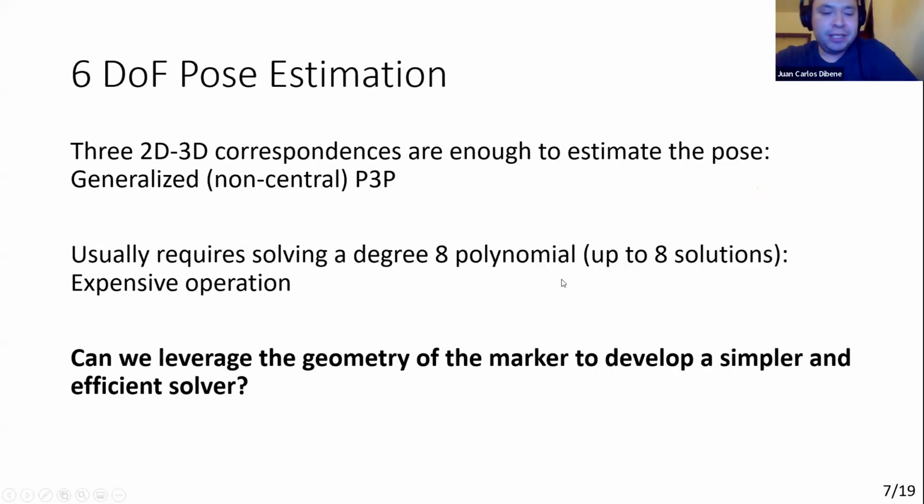So at this point, we could use the 2D-3D correspondences to solve for the pose using any of the off-the-shelf generalized pose solvers. But the problem is that these solvers usually require solving an octic polynomial, which is a very expensive operation. So we focus on leveraging the geometry of the marker in order to design a simple solver.